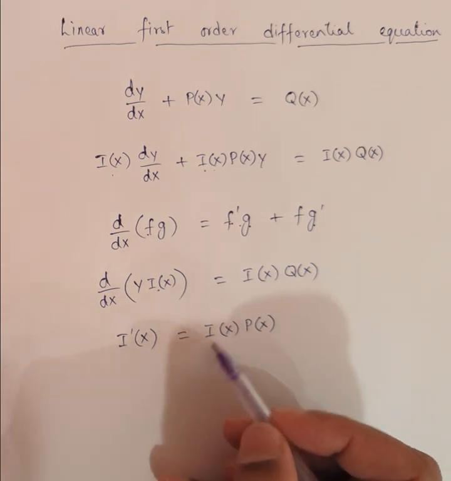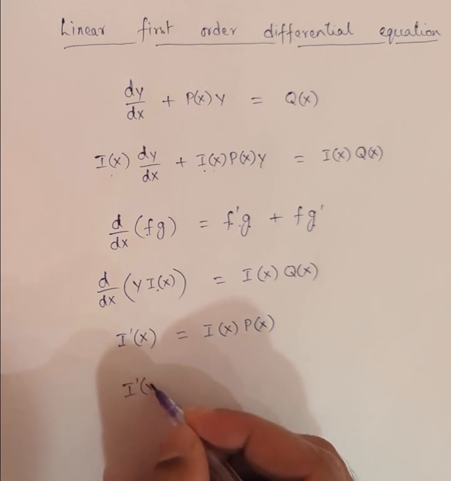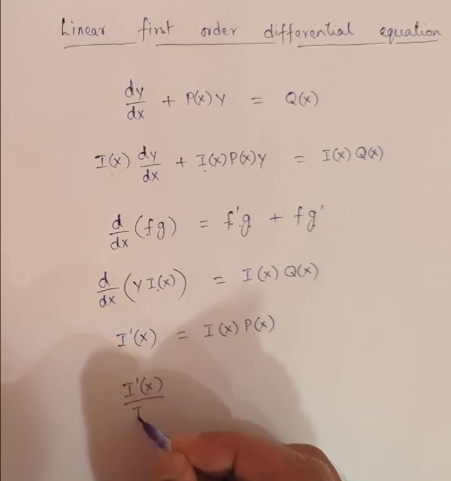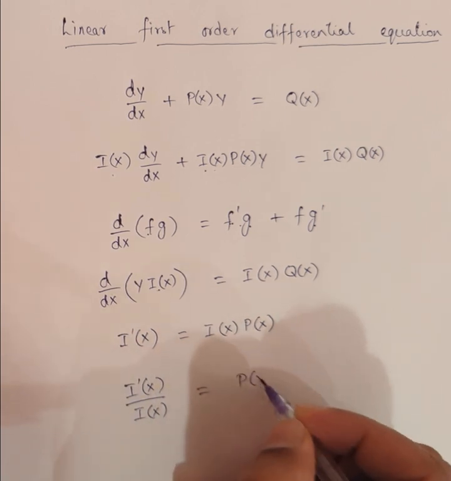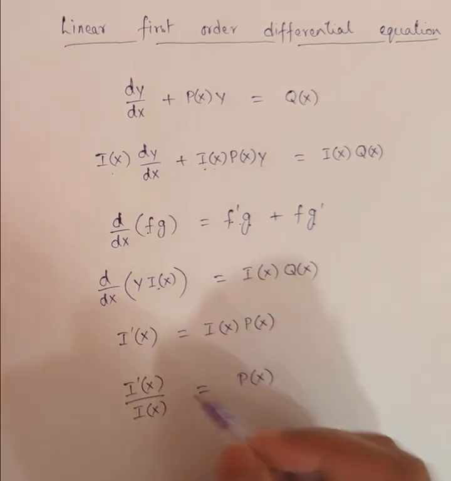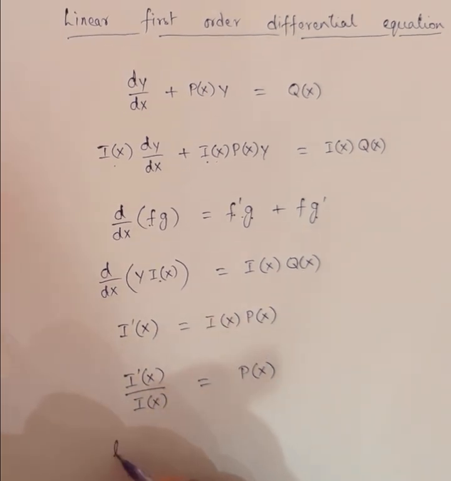So now I want to divide both sides by I of x. And notice I have I prime of x over I of x is equal to p of x. Now if I integrate both sides, then this simply becomes natural log of I of x.